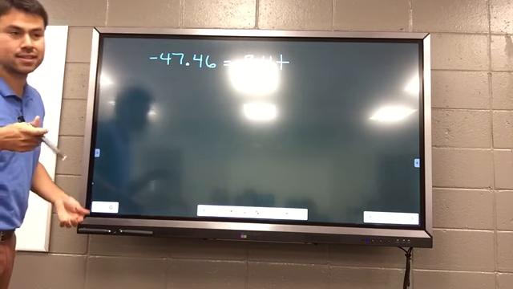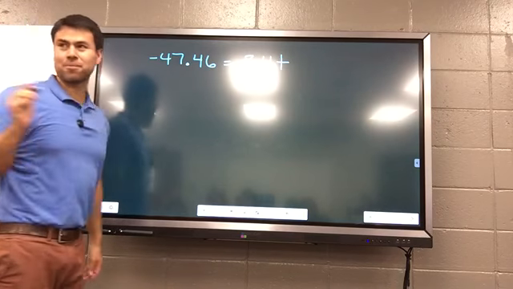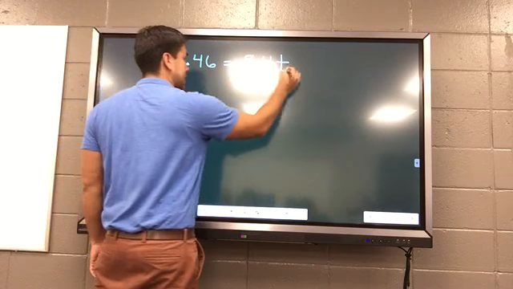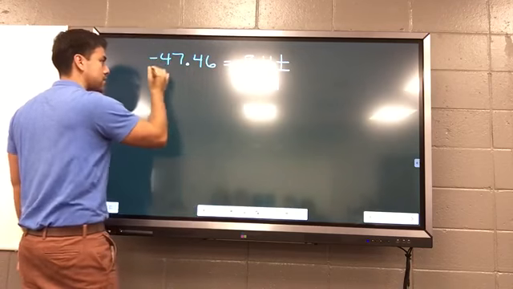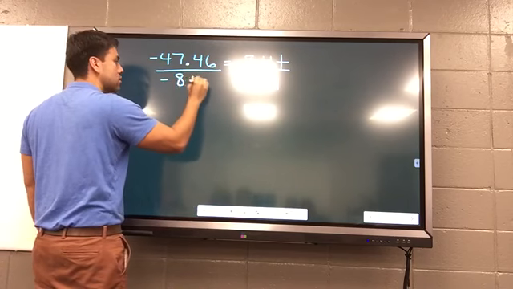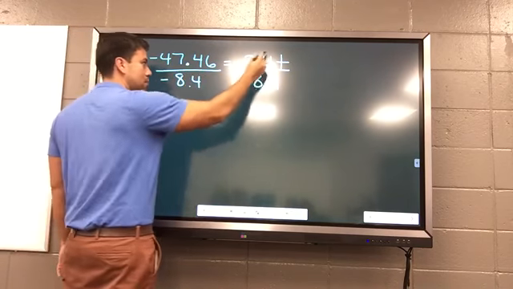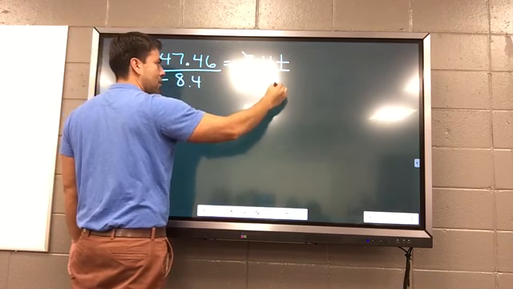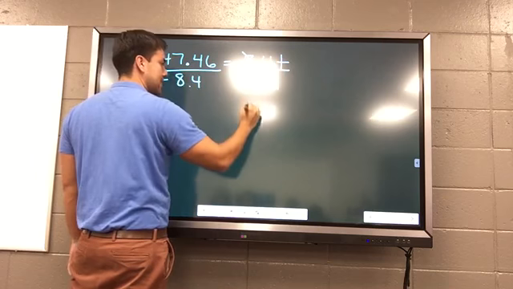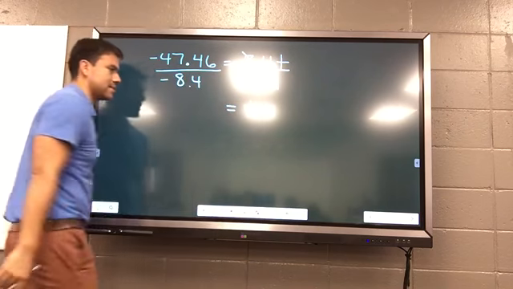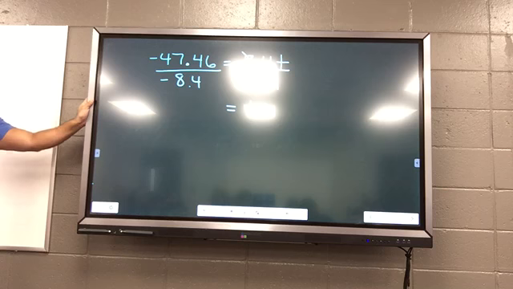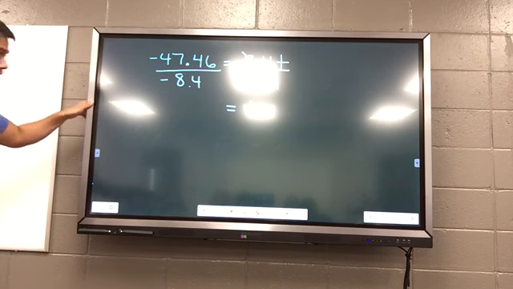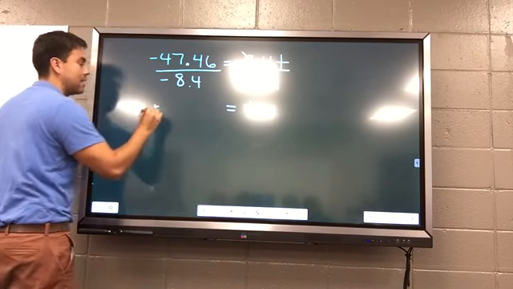Divide by what number? Negative 8.4. Because it's going to undo what's happening to t, and you do it to both sides. What's negative 8.4 divided by negative 8.4? 1. 1 times t? t, that's what I wanted by itself. And then, a negative decimal divided by a negative decimal is always going to give you what kind of sign? Positive.